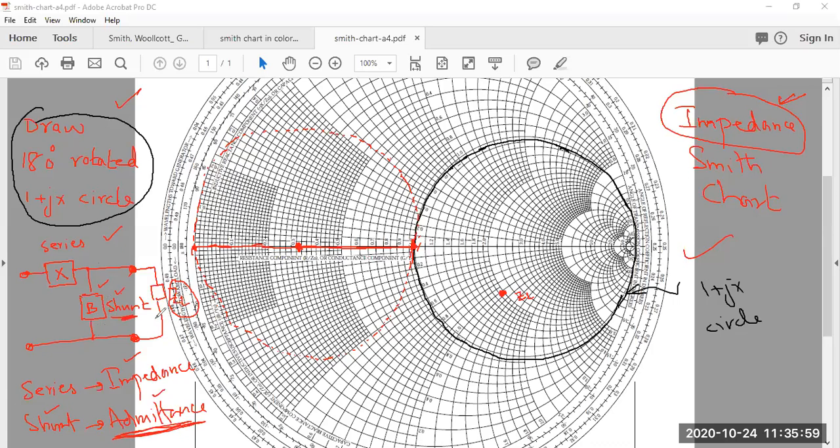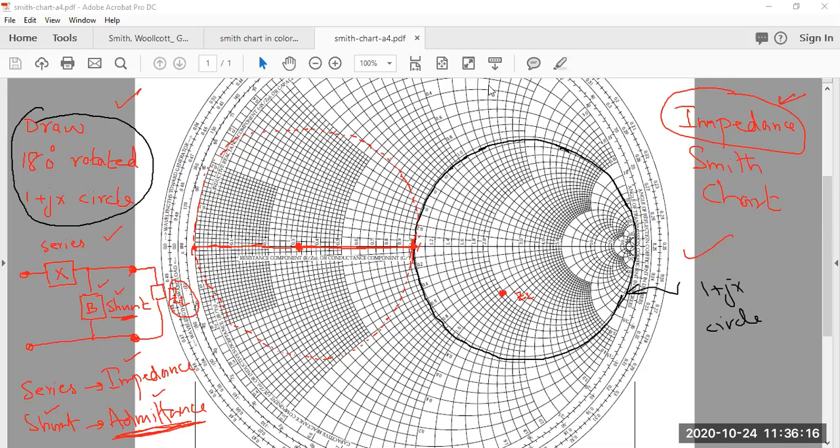And on the Smith chart, you already know how to transform impedance to admittance. If you don't remember, the idea was to draw a line connecting ZL to the center of the Smith chart.